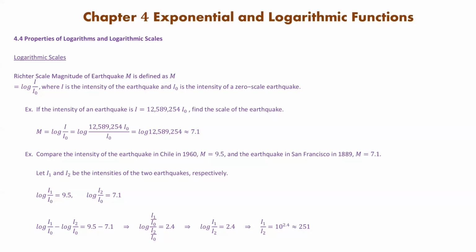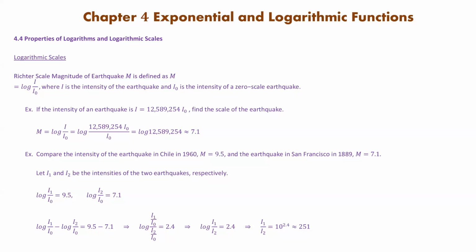So this huge number times I0, where I0 is the reference intensity, and we call it a zero scale earthquake. So the intensity of this earthquake is 12 million times the standard intensity. So you want to know the scale of the earthquake.